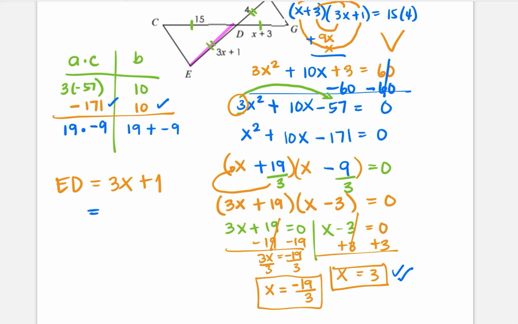So 3 times the value of x, which is positive 3, plus 1. 3 times 3 is 9, plus 1 is 10. So ED is equal to 10.